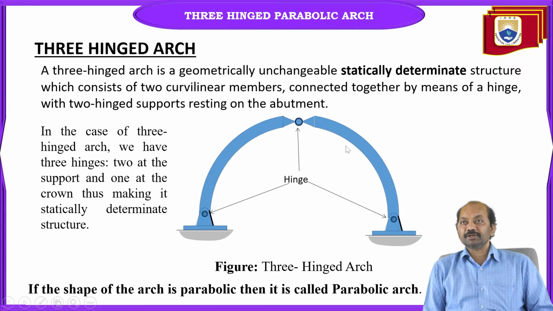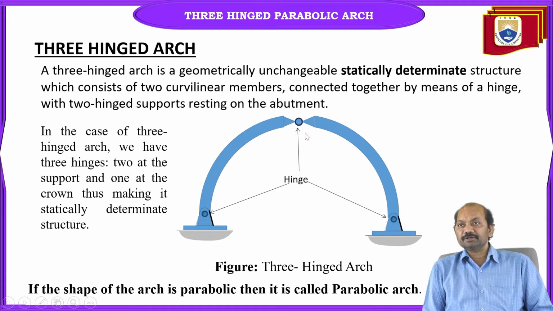This is the description of the three-hinged arch. In case of a three-hinged arch, we have three hinges 1, 2 and 3. One hinge at the center, or at the crown, thus making it a statically determinate structure. This hinge is making the arch a statically determinate structure.